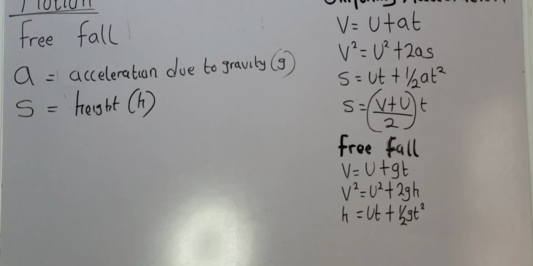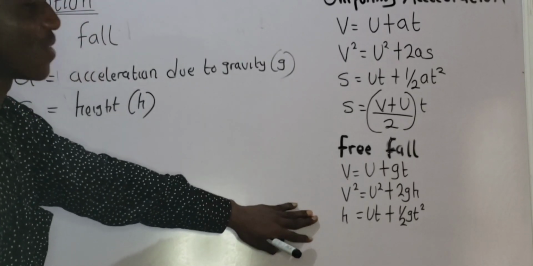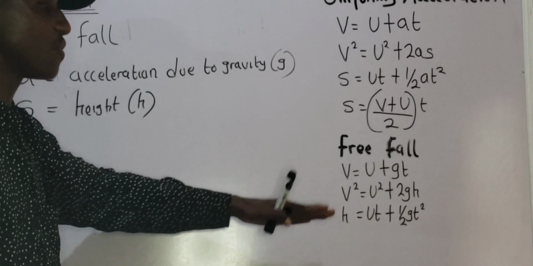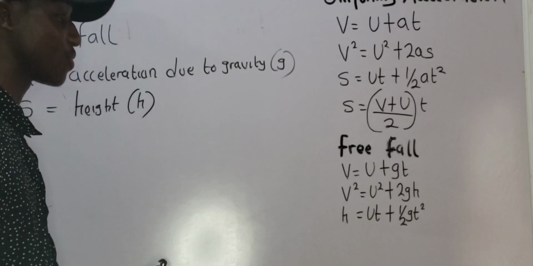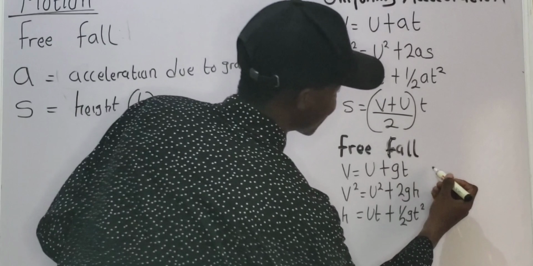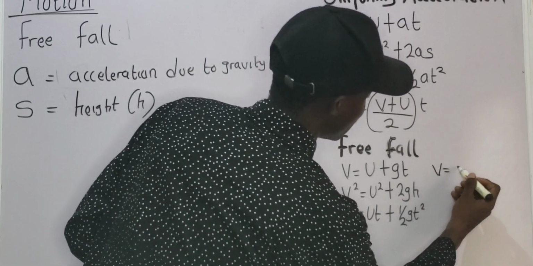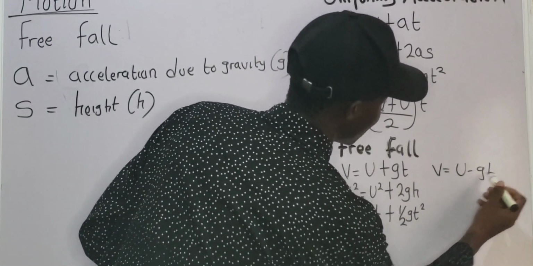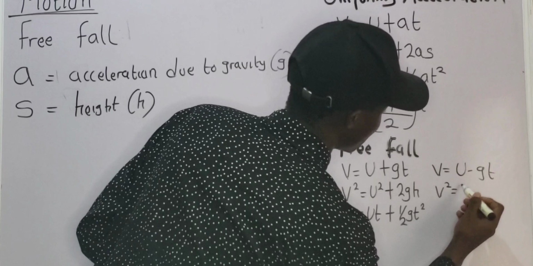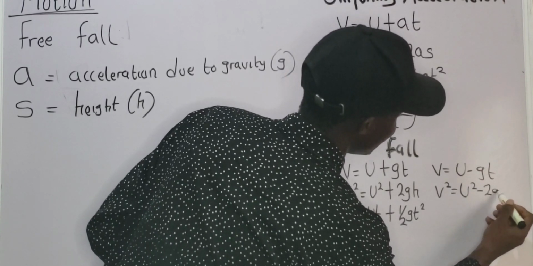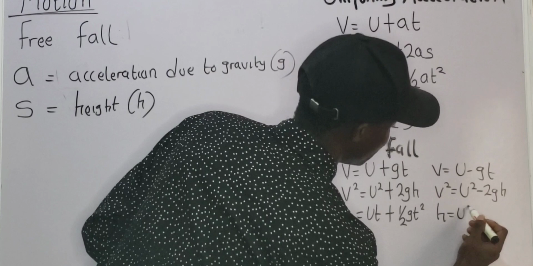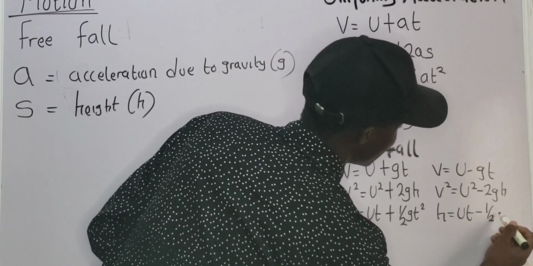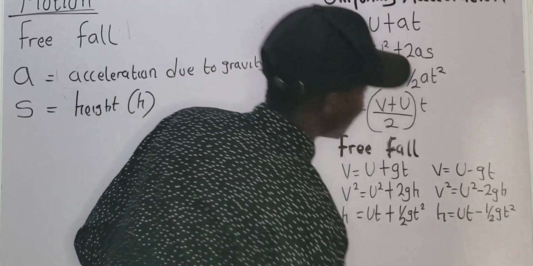Now this is the first version of the equation of a body falling under the influence of gravity. Now another version is this: v is equal to u minus gt, v squared is equal to u squared minus 2gh. Then we have h is equal to ut minus 1 over 2 gt squared.